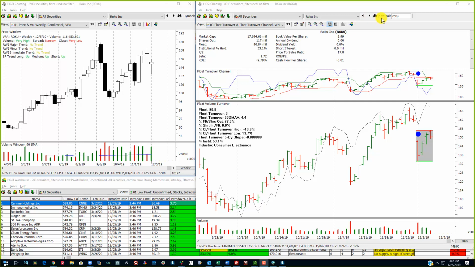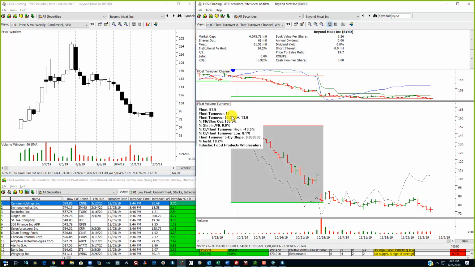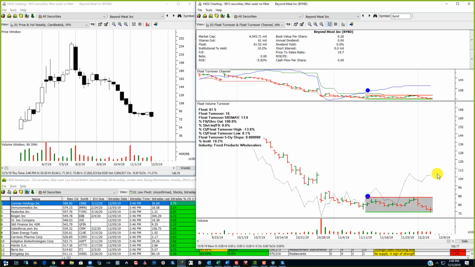Interesting. Was Beyond Meat, BYND. Yes, it is. Okay, what's the float turnover on this now? Well, it's up to 16 days. So, as it came down, people lost interest in it.